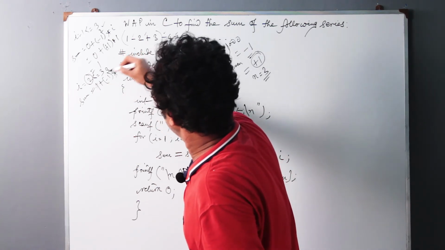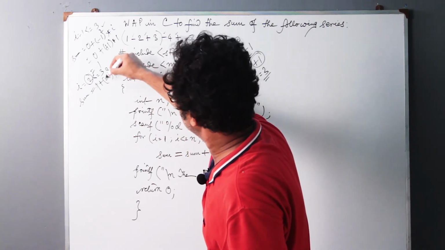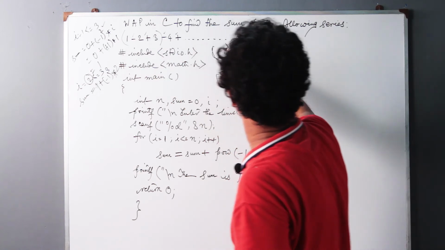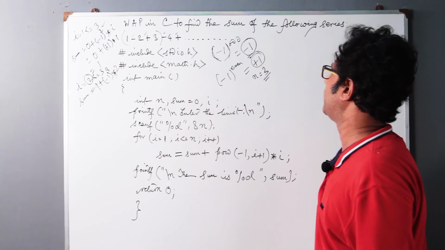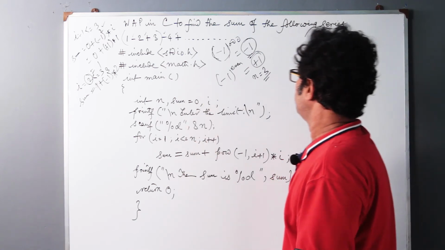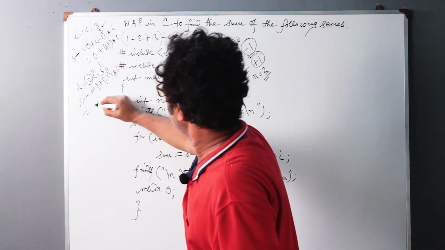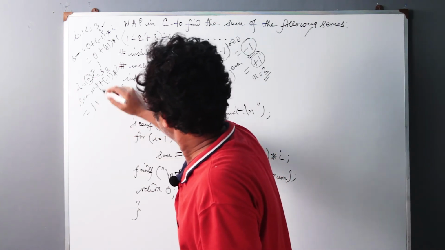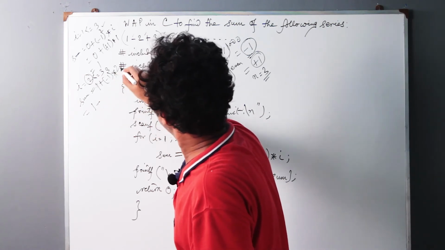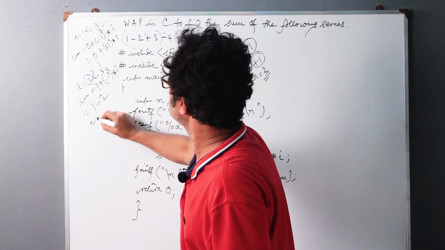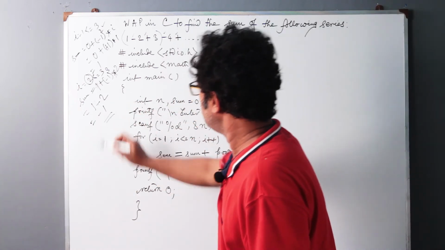So it is 3 into the I value 2, that is, we are raising minus 1 to an odd power. Minus 1 to the power of any odd number gives you a negative value because of the fundamental algebraic principles. So this gives you 1 minus 1 into 2, that is minus 1. So the result is now updated to be minus 1.